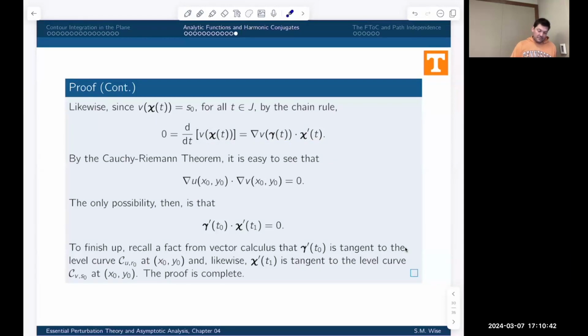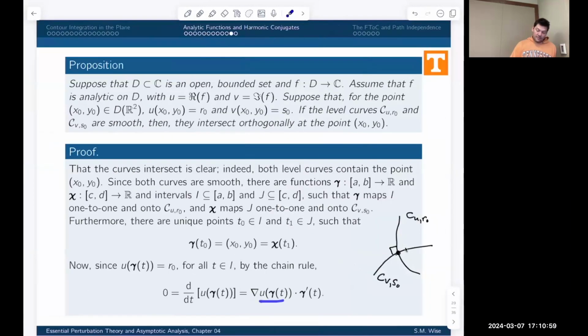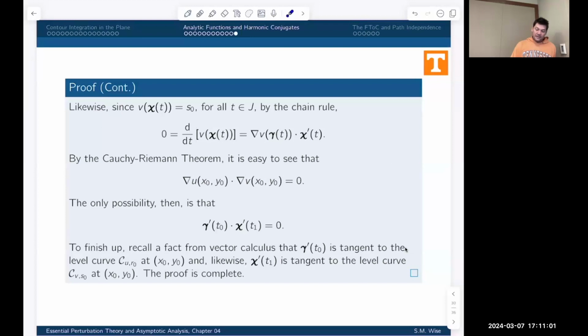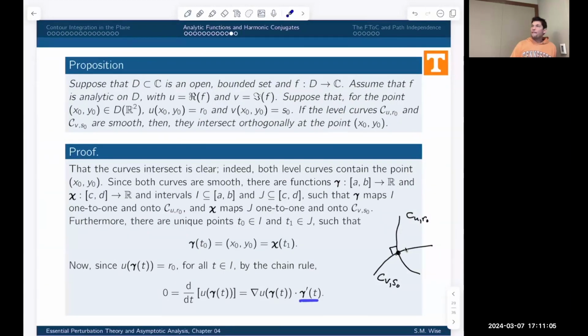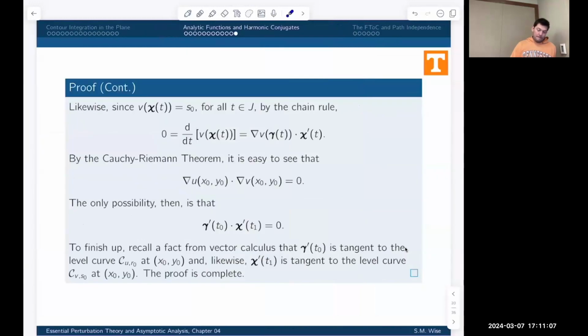Now, by the Cauchy-Riemann theorem, it's easy to see that these two gradients have to dot to 0. If you follow Cauchy-Riemann, you'll see that. So the only possibility, if these two are perpendicular, is that these two vectors also have to be perpendicular. It might take a little picture to draw that out and see it, but that's the case.